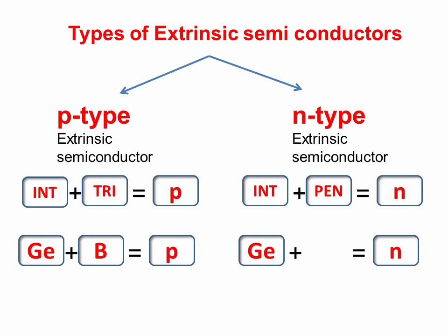For intrinsic semiconductor, example is germanium. For pentavalent, it is phosphorus which have 5 valence electrons. So, germanium plus phosphorus which gives n type extrinsic semiconductor.